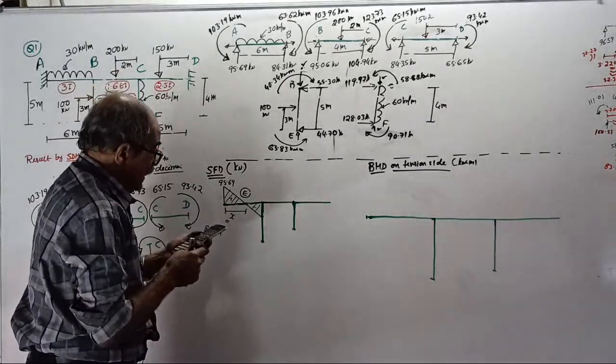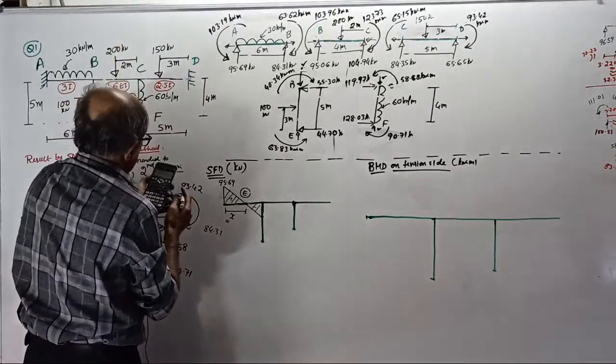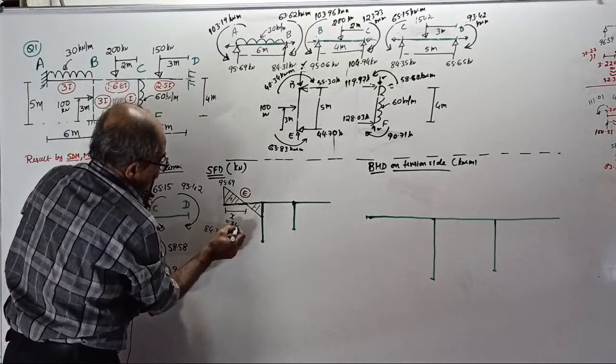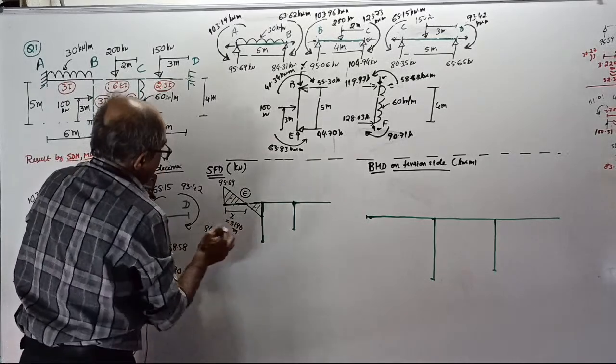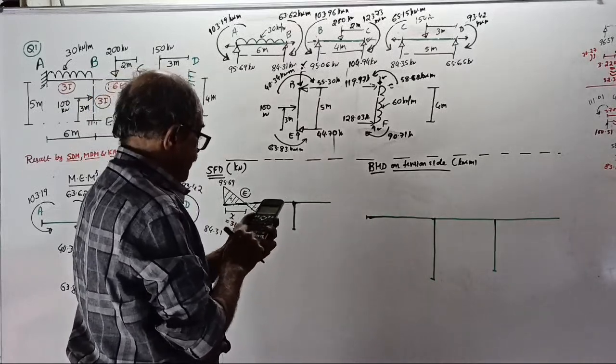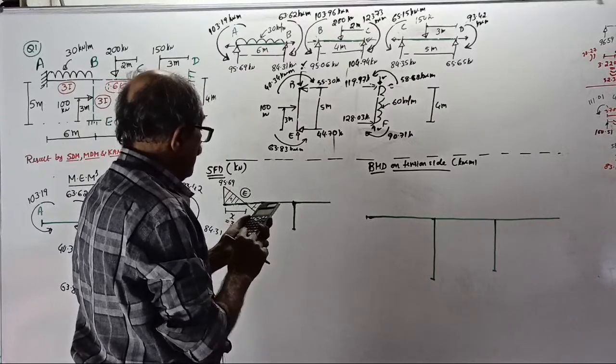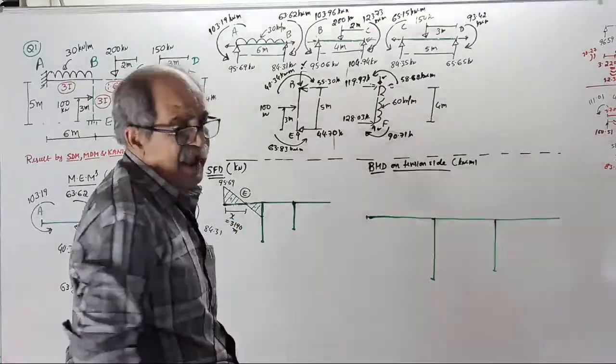X will come 3.190 meter. Correct? One minute. 95.69 divided by 30. 3.190 meter.